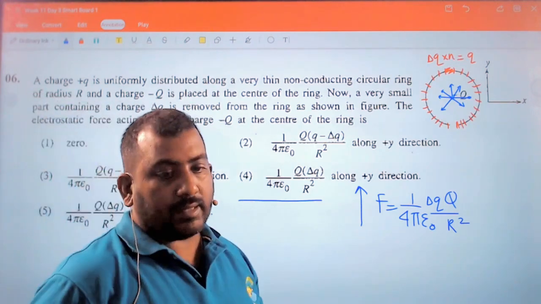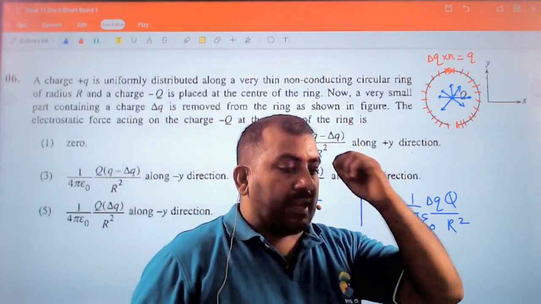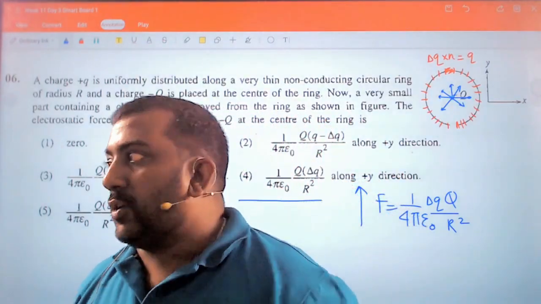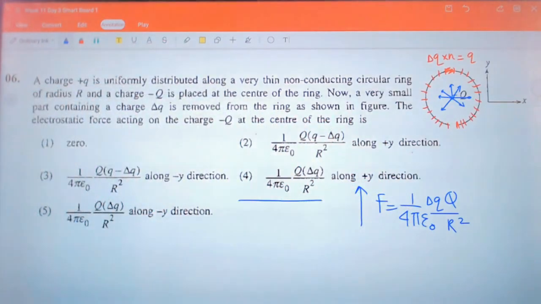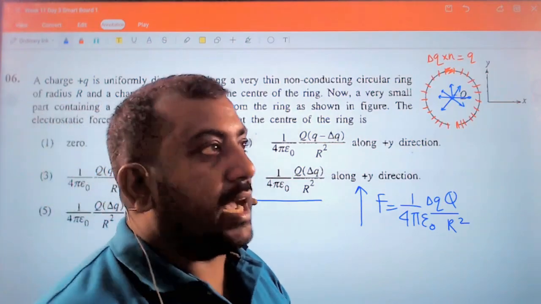Right there. The simple Q charge is subdivided into small delta Q charges.